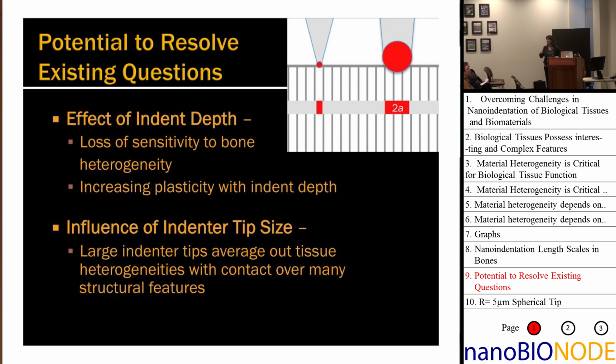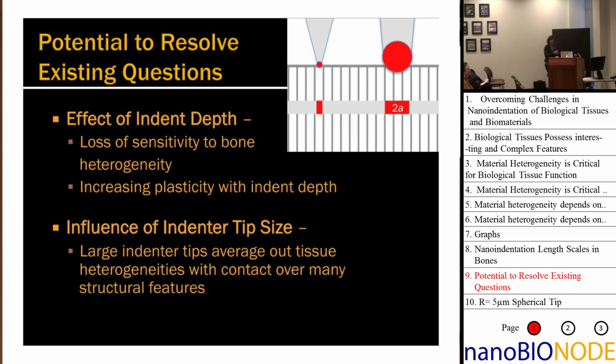I threw these slides in this morning because I thought this would be really relevant to what we're talking about today. So I'm not so prepared to talk about it. But the point is that as you increase your indent depth and your indenter tip size, you basically lose sensitivity to this heterogeneity.